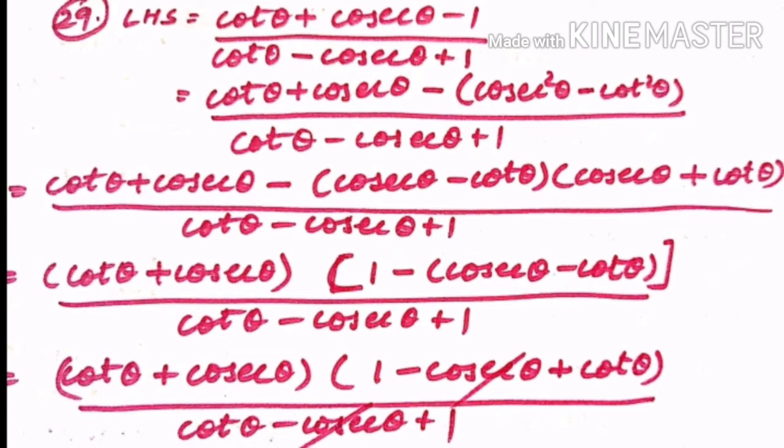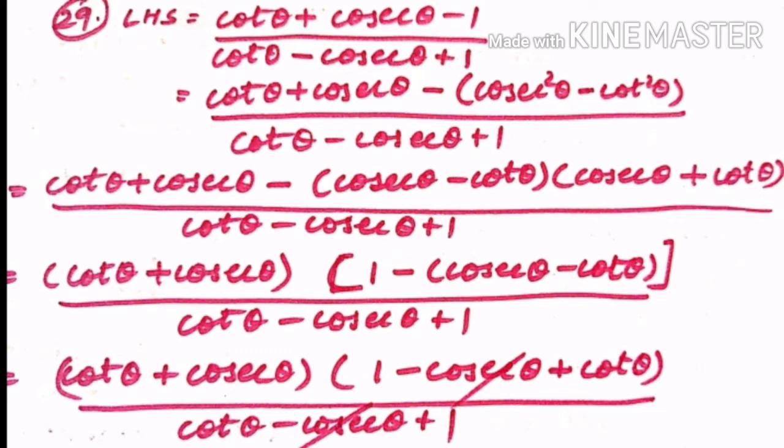The denominator we keep the same. Now cot theta plus cosec theta stays as it is, but this is an a square minus b square type of bracket, so we factorize it as (cosec theta minus cot theta)(cosec theta plus cot theta), and the denominator is as it is again.